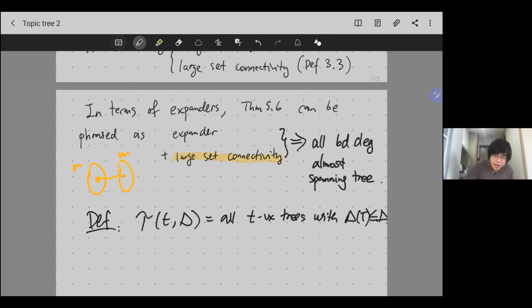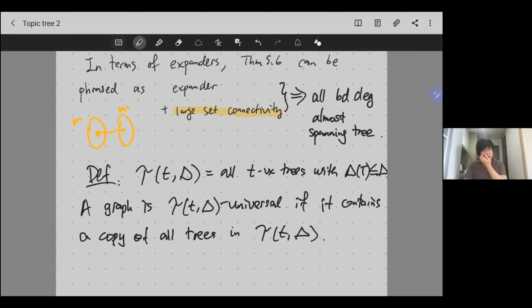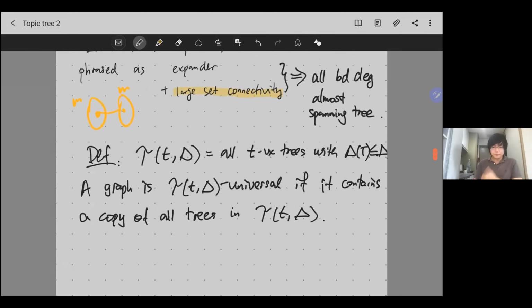Then we say a graph is (t, delta)-universal if it contains a copy of all trees in this family. So we get actually everything.